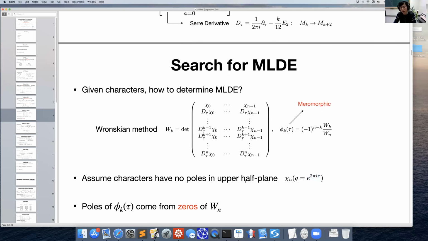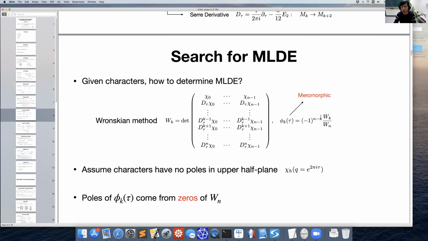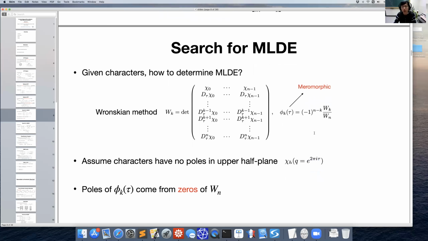So naturally we expect this to be a convergent series in the upper half plane, and it will not give rise to poles in W_k. But there could be poles of phi_k which come from the zeros of W_n. This is totally possible. So this makes the story more complicated.